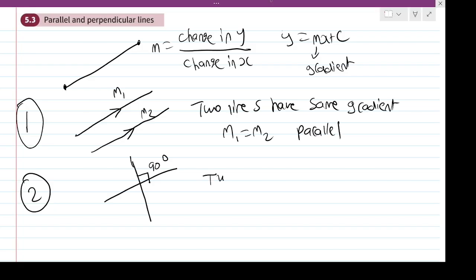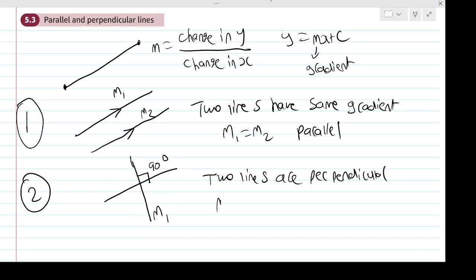And what that means in terms of the gradients is that the two gradients have to be negative reciprocals of each other. So if I call the first line here m1, and then the other line, the gradient is the negative reciprocal, so m1 has to be the negative reciprocal of m2.